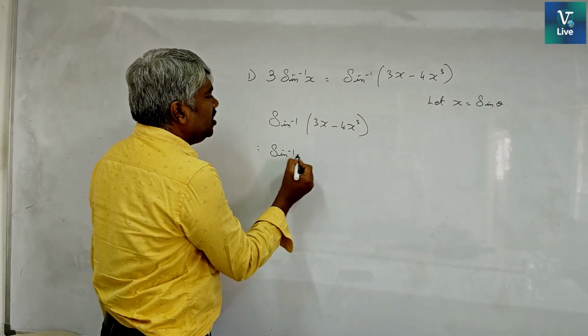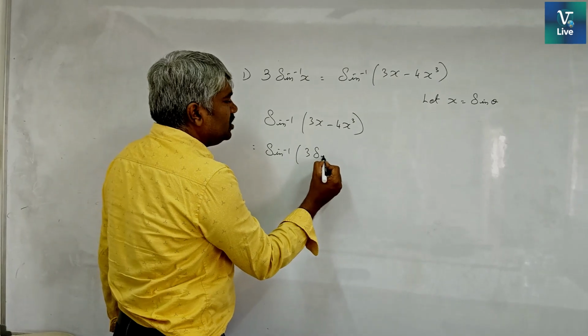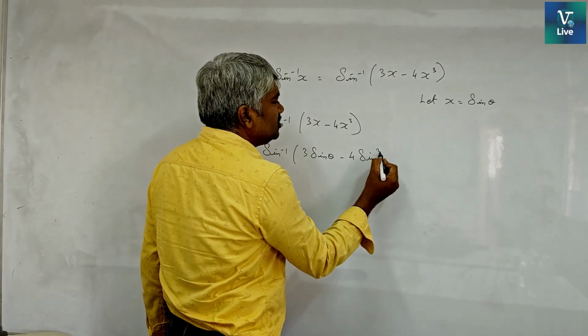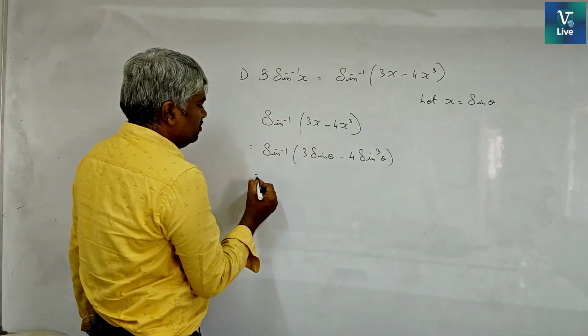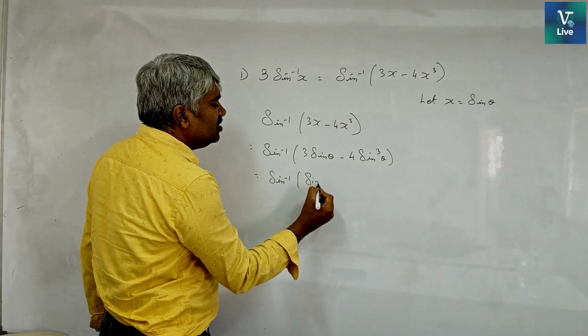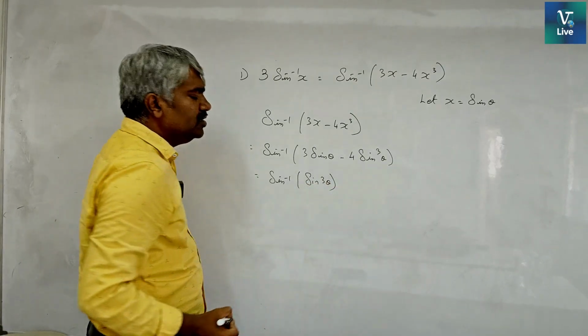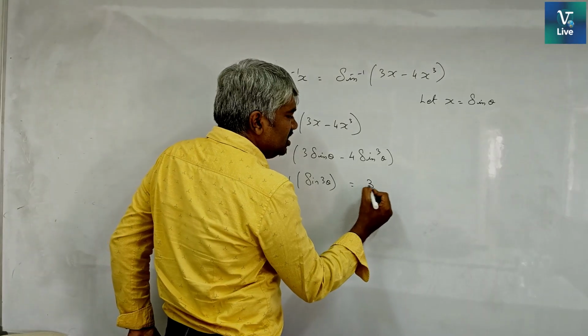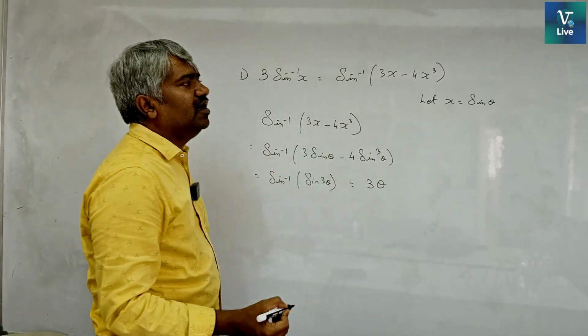So sine inverse of 3 sine theta minus 4 sine cube theta, which is sine inverse of sine 3 theta, right? So sine inverse of sine 3 theta is 3 theta, right?